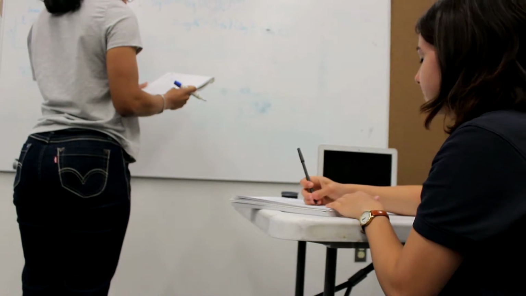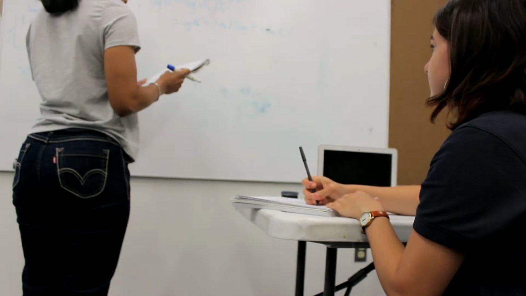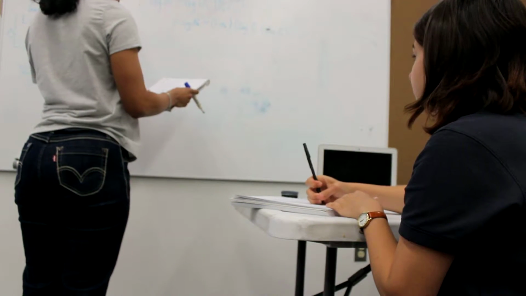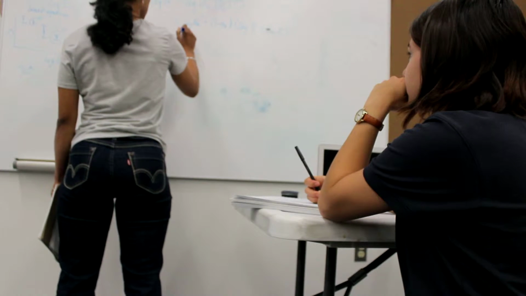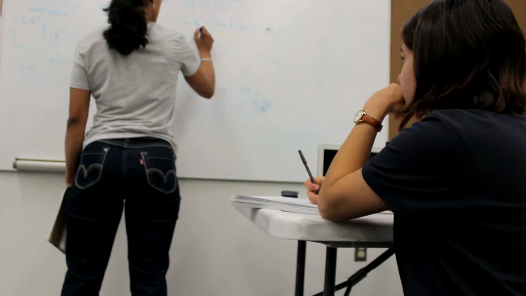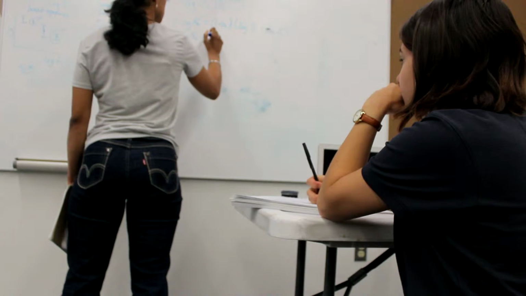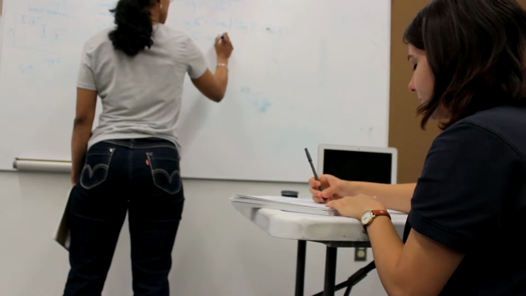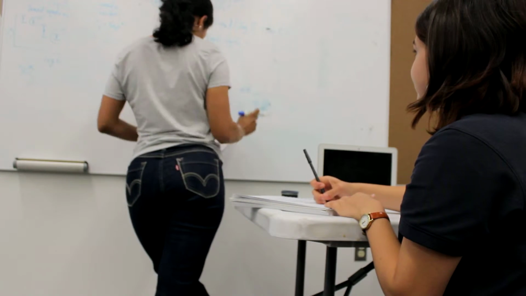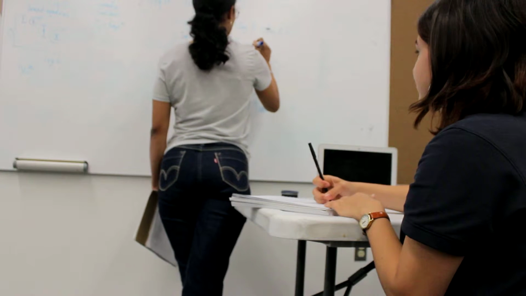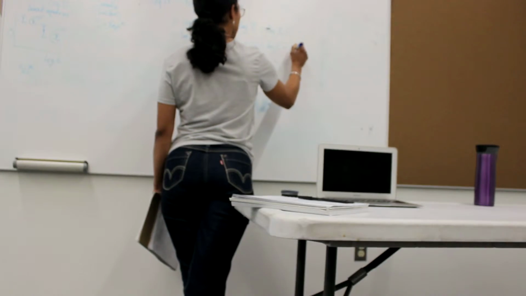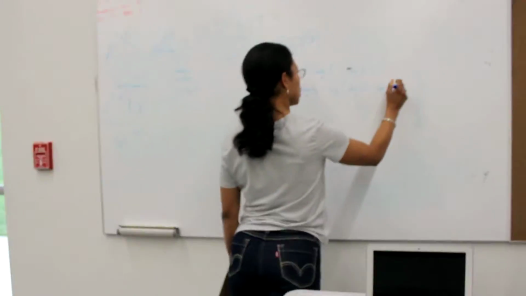Carrying through the multiplication: log n naught prime plus log E minus log E naught, minus pf times (log E minus log E naught).